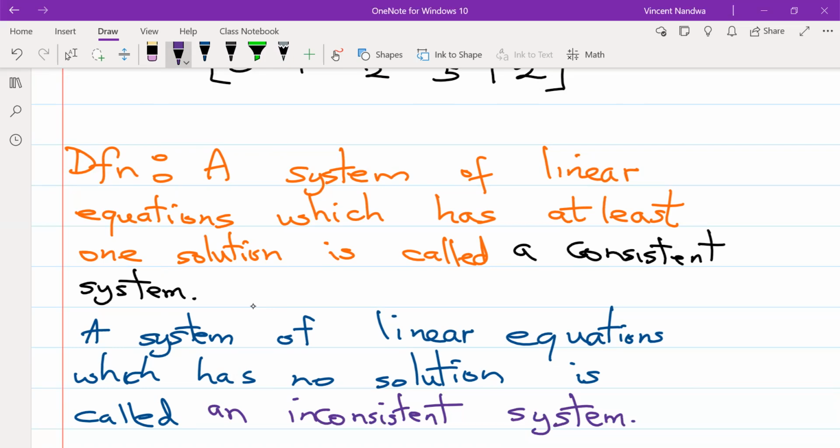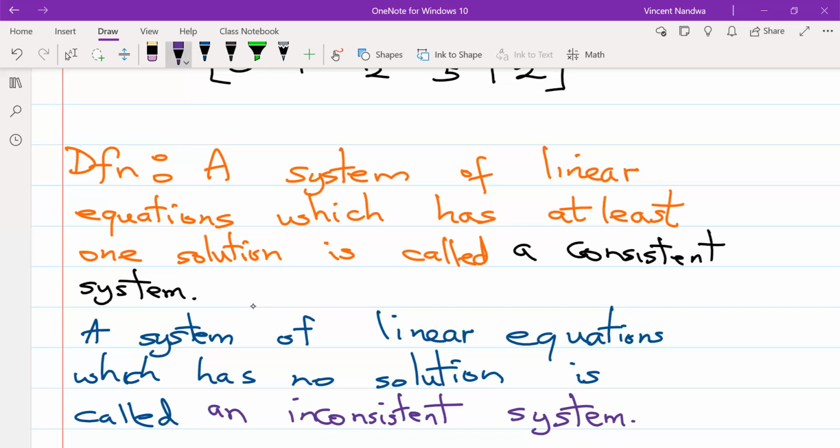So before we discuss how to find the solution of a system and determine whether it's consistent or inconsistent, it should be noted from the start that for any given system of linear equations, three things are possible. One, the system can have exactly one solution, what we call a unique solution, or the system can have infinitely many solutions.